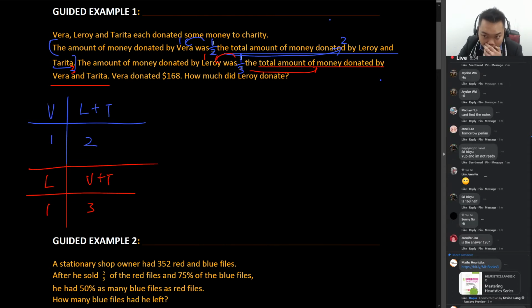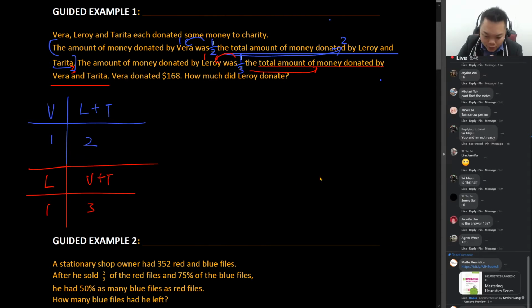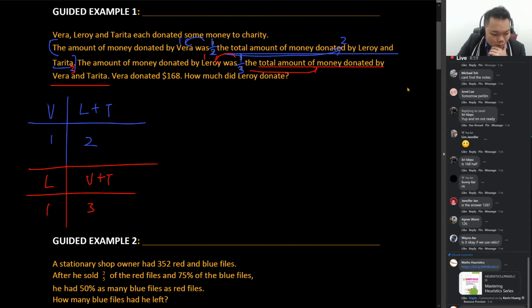I'll answer you all in a while. But for now, what do you have? What can we do from here after we've listed out everything? In fact, this kind of problem is pretty common in several forums these days. You all are so fast. Is it okay if you use ratio? Yeah, you can also do that.